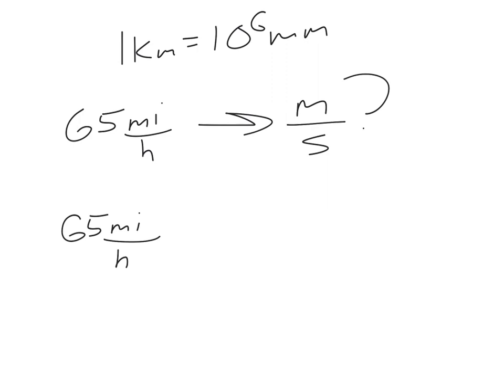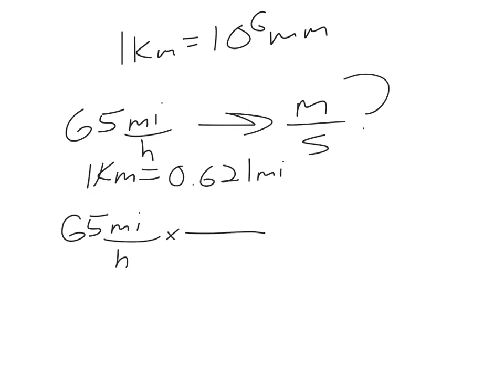Google spits it out as a conversion factor, and it says 1 kilometer equals 0.621 miles. It actually gives me more digits than that, but 3 sig figs is fine, especially because I'm only starting with 2 anyhow.